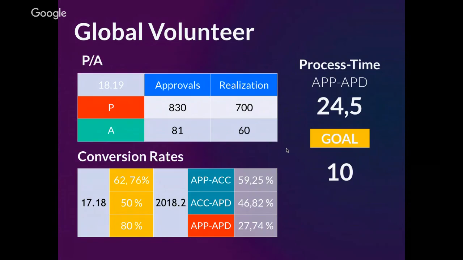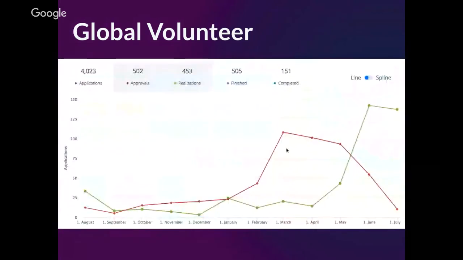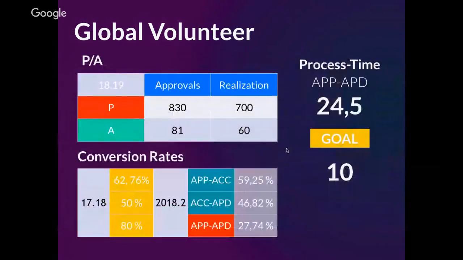The reason is the huge peak happening in summer, so we didn't have our main peak yet. Therefore, these conversion rates are really not representative for the term itself. So we need to wait until mainly the end of May to have a more realistic conversion rate for the term 1819.